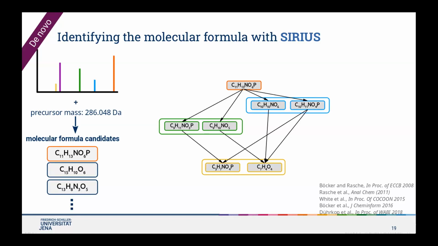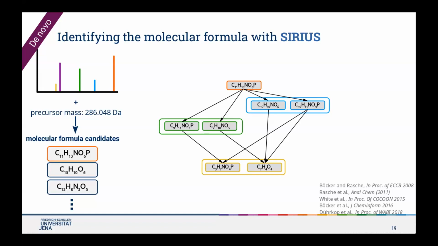Then we have some scoring function that we have learned from the data that we apply to basically find the best possible tree. And the most important part of this scoring is that we have statistics about common neutral losses.